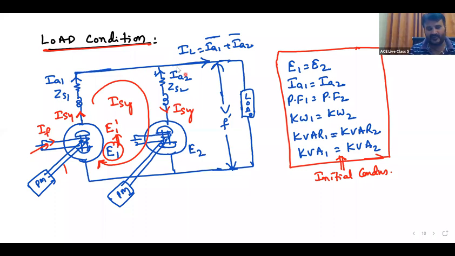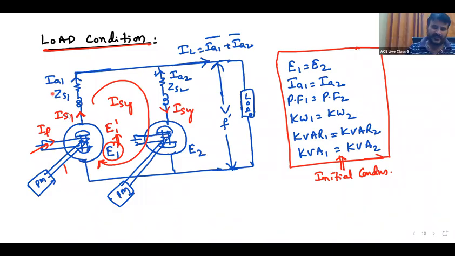The IA has two components, say, if the load is inductive. But the synchronizing current is only the IA sin phi component. And this IA sin phi component will add to the I sin phi component of the armature current. Therefore, the net IA sin phi component increases. When the net IA sin phi component increases, VI sin phi increases and reactive power increases.